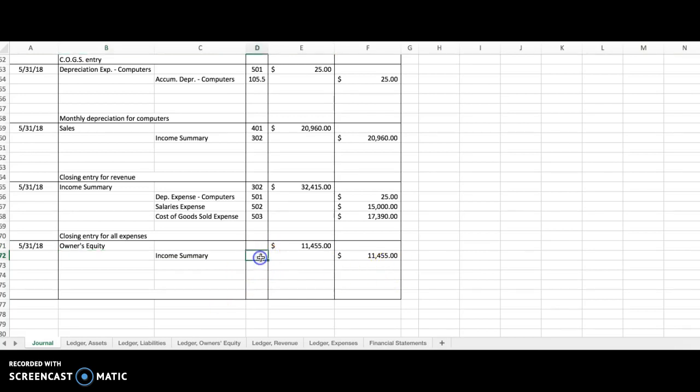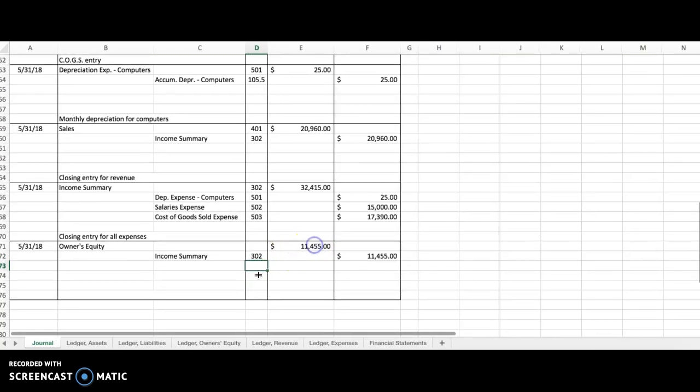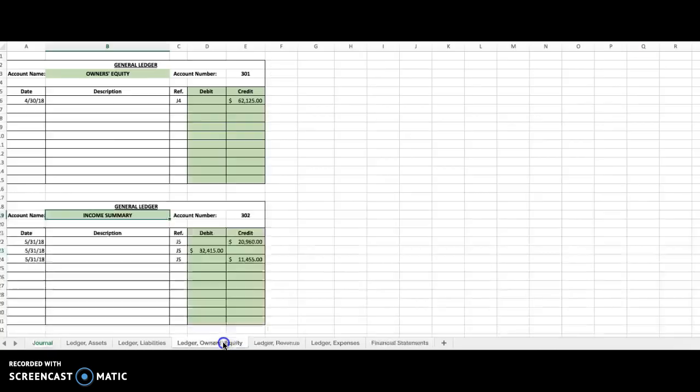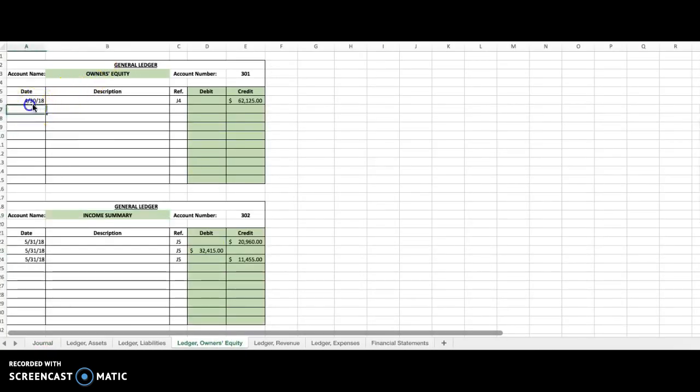Okay, we didn't put our account number in here. So if we go to owner's equity, now we finally put something into this account from J5, and it was a debit of $11,455.